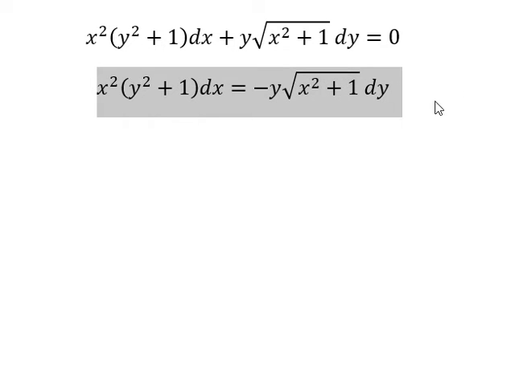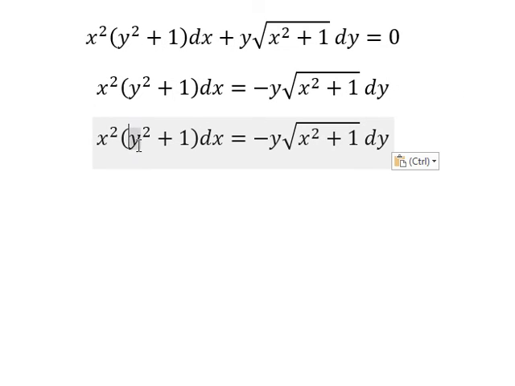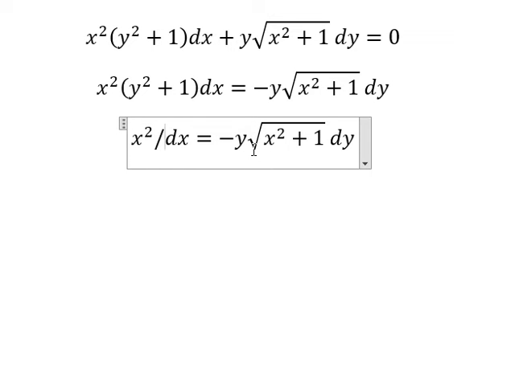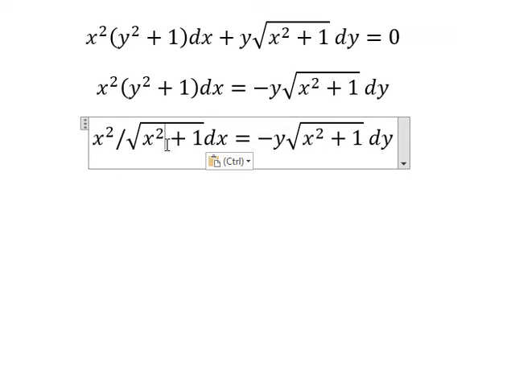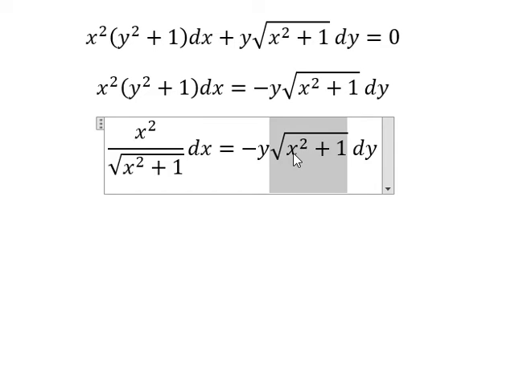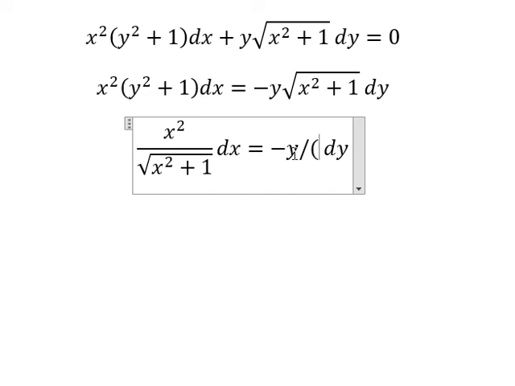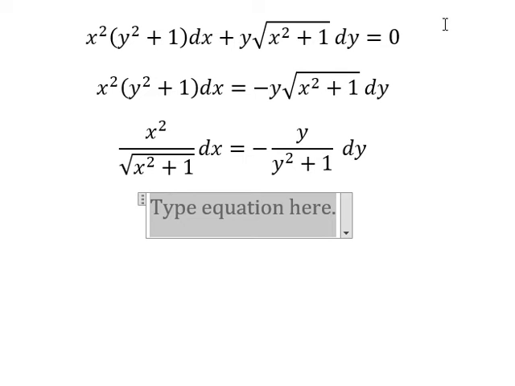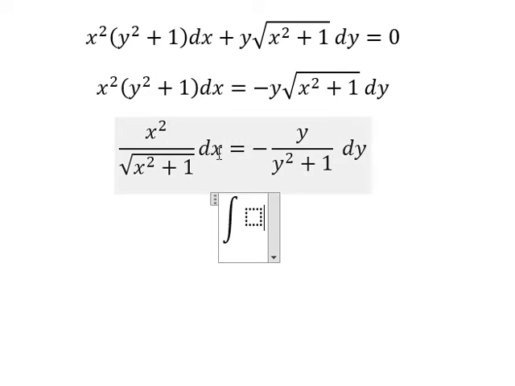Later that we divide both sides by y squared plus 1 and the square root of x squared plus 1. Next, I will put the integration for the both sides.